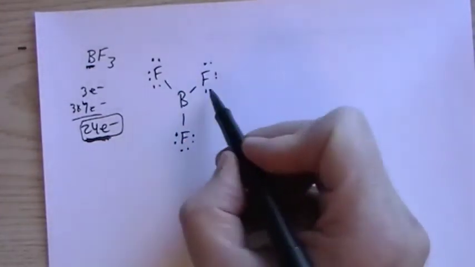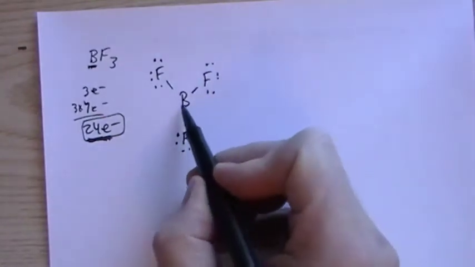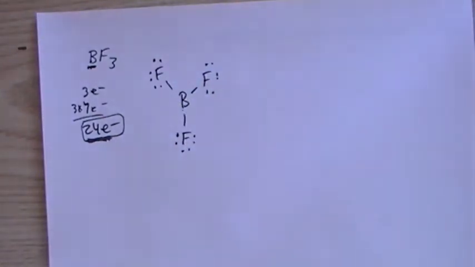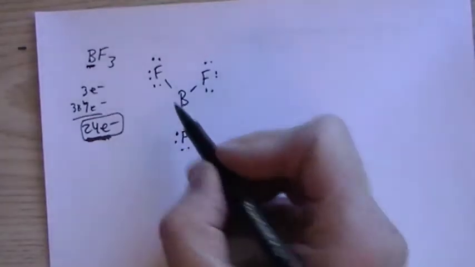Fluorine only forms single bonds, so this is another exception. Boron only gets 6 electrons. It's small, that's what it can accept. Beryllium and boron, I'll explain much more in depth in the next chapter why this bonding scheme is what it is, why they break the octet rule. I'm going to make this ammonia because I want to point out something.